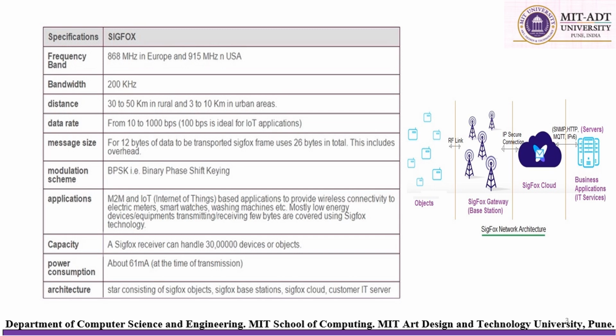These antennas receive messages from the emitting devices, which are coming from the objects, and then forward them to the SigFox cloud, which is deployed in the field by the SigFox operator. So SigFox operators deploy these SigFox clouds, and data goes from the antenna, that is the SigFox gateway base station, to the cloud.